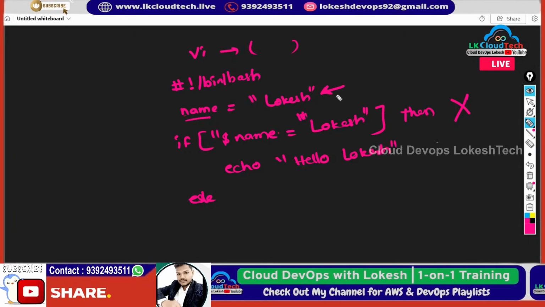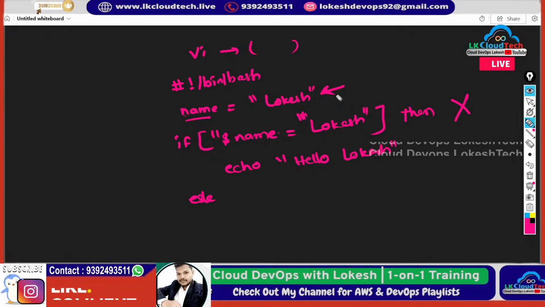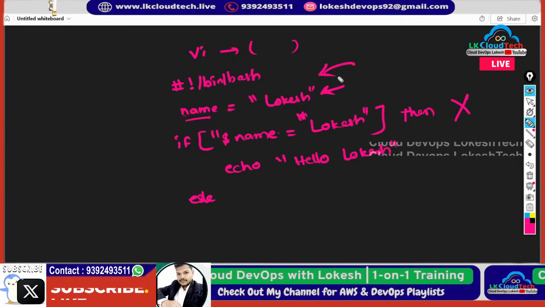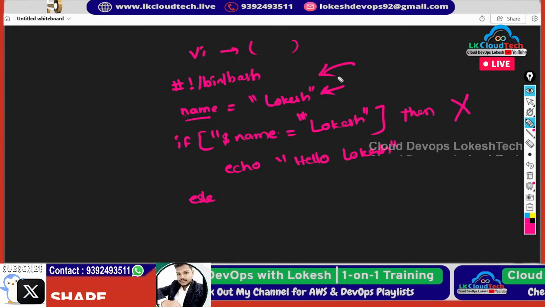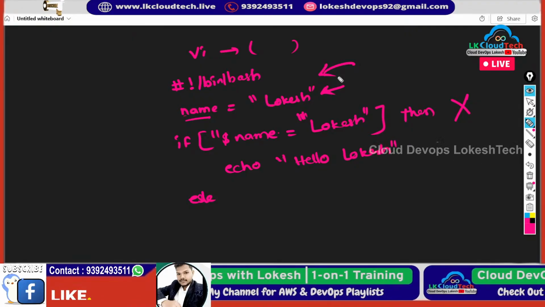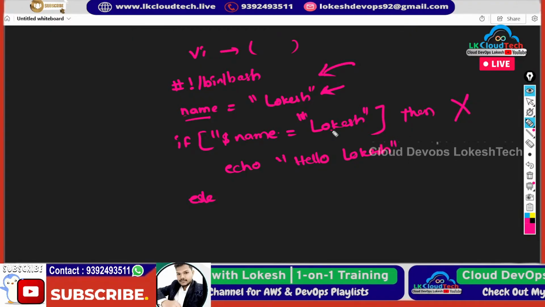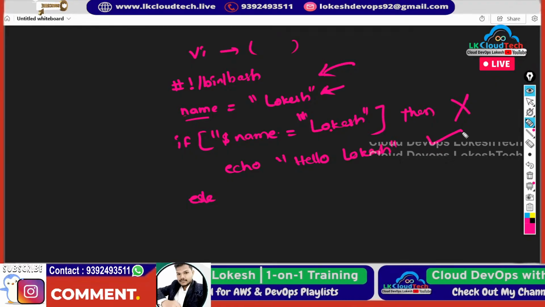Maybe later I will change it to Rakesh. Here the condition is name equal to Lokesh, and it will execute. Else, if name is not Lokesh, then it will execute the else block. The block I can write here is something like you are not Lokesh.